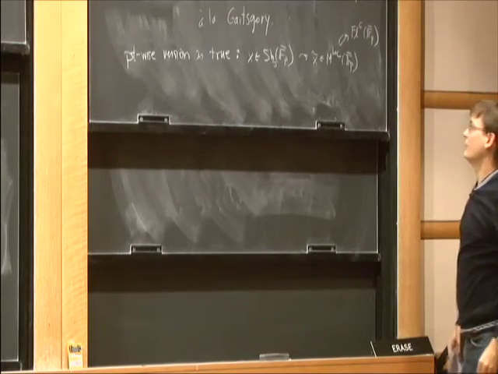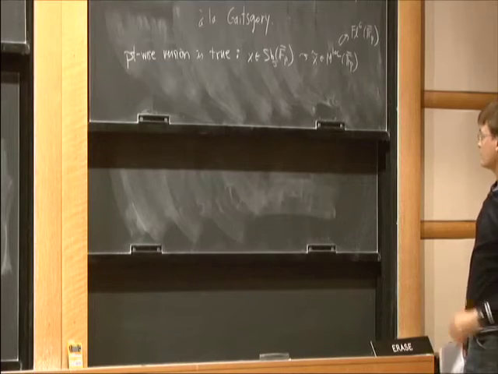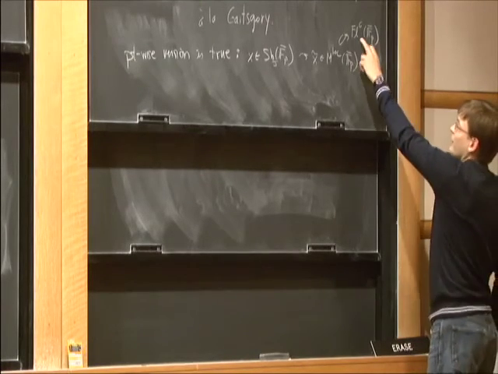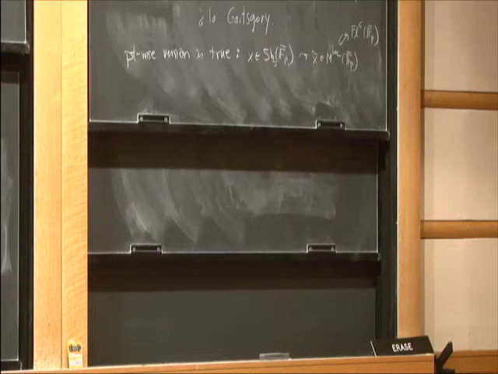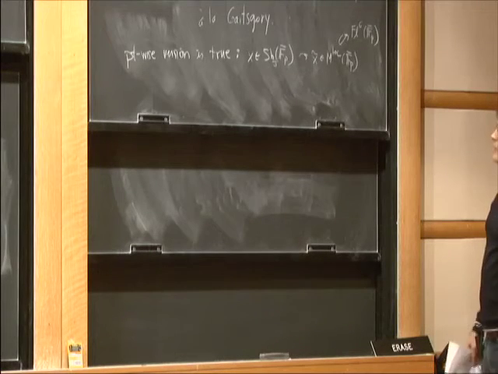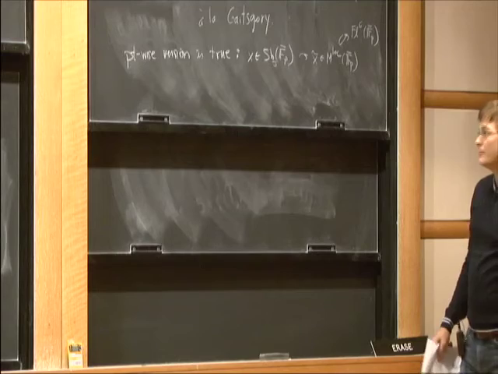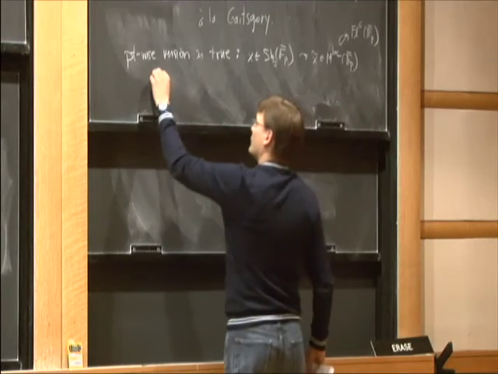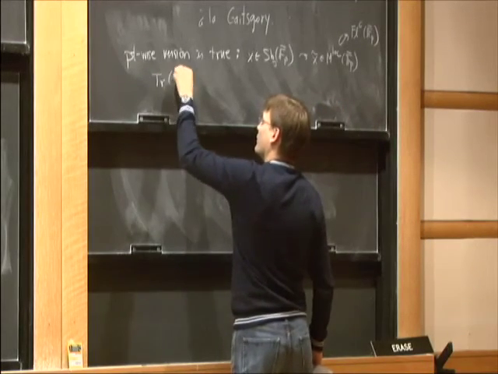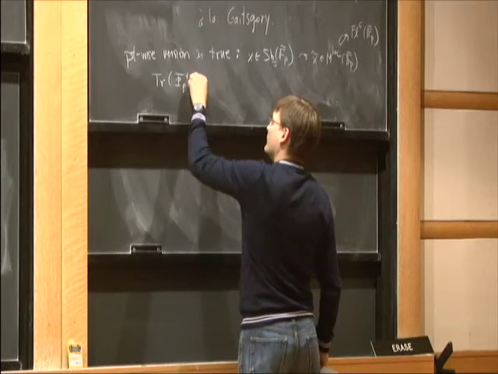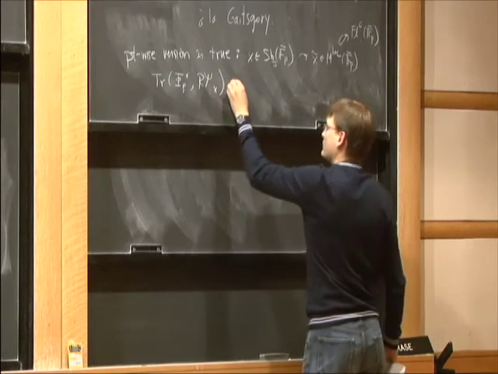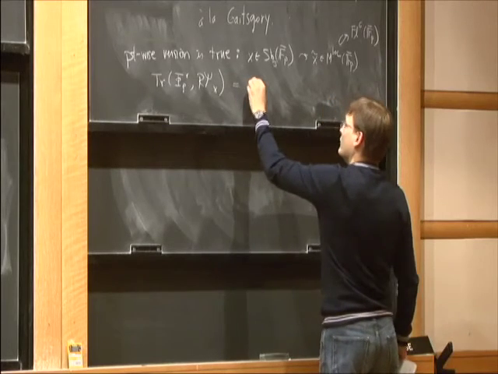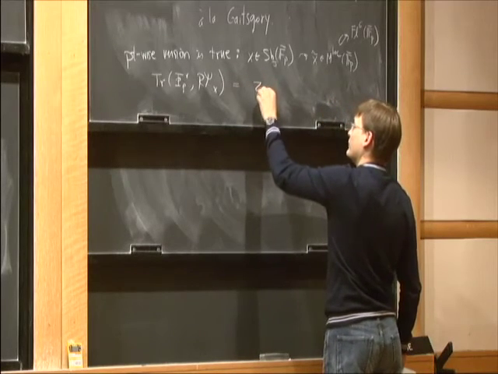And in particular, you can think of the affine flag variety as functions on there, or elements in the Iwahori Hecke algebra. And what turns out to be the case is that if you take the trace of Frobenius on the nearby cycles at a point x, it's equal to the corresponding Bernstein function.